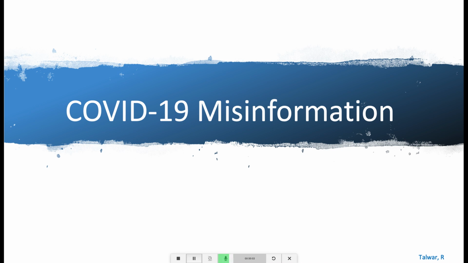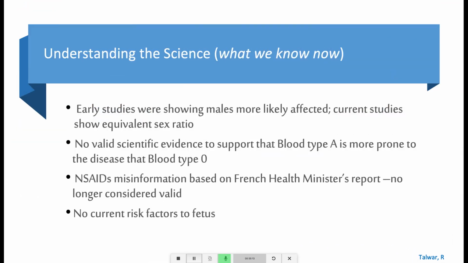So this part is, I think, important because there is a lot of misinformation out there, and I wanted to summarize it in a few slides to help set some of the record straight. And again, this is from all the research I've done based on what I've heard and some of the articles that were published. Early studies were showing that males were more likely affected by COVID-19 or the coronavirus.